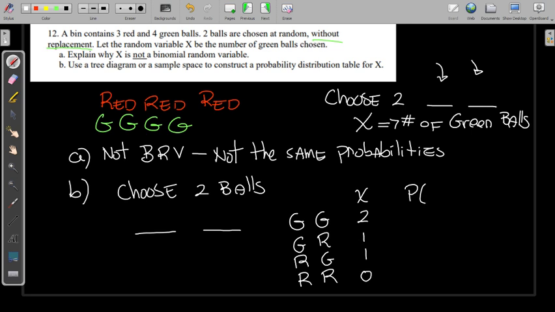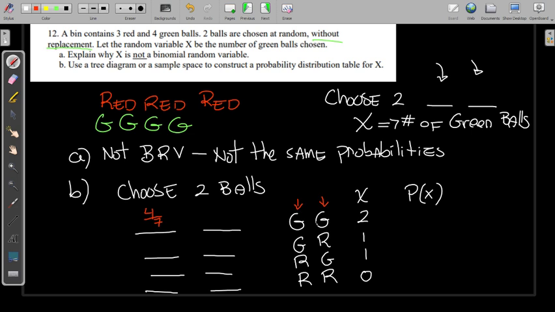Now we're going to get the probability of getting that. To find that probability, we're going to take a look at each case here, since we're selecting 2 balls. Let's take a look at the first one, green, green. What is the probability of green, green? There are 4 greens, 4 divided by the total, 7. This is the first time, and this is the second time.